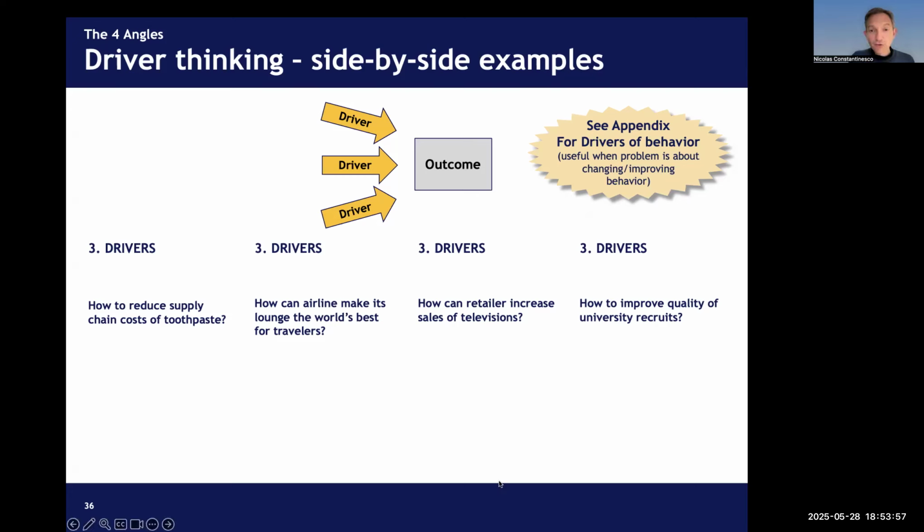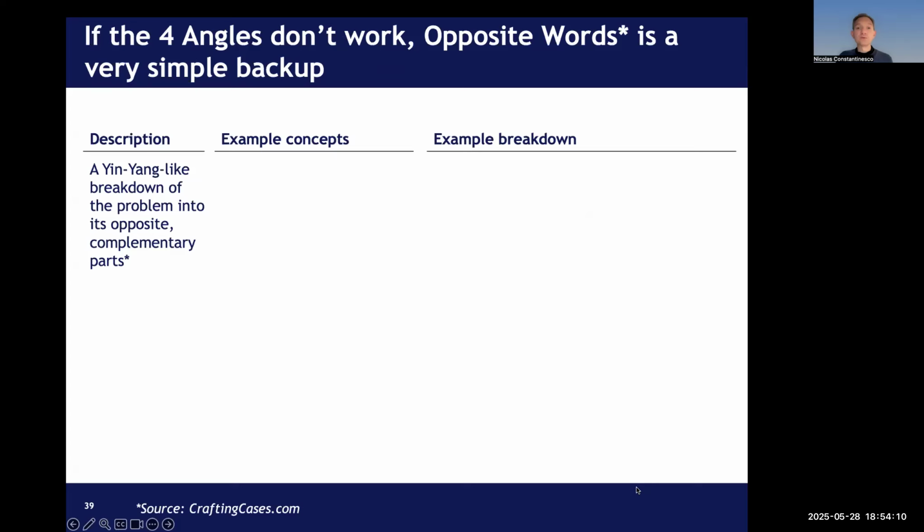Okay, so these were the four techniques that come together, the four angles, but I told you there were five, so I'm going to show you the fifth one now. It is much lighter than these four, and it's called opposite words.